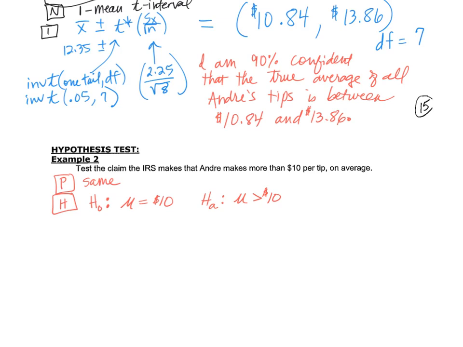Good job. Okay, now A in the PHANTOMS model is the assumptions, and we don't have to do those. N in the PHANTOMS model is the name of what we're doing, and that is a one mean T test, because we're doing a hypothesis test. One mean T test, okay?